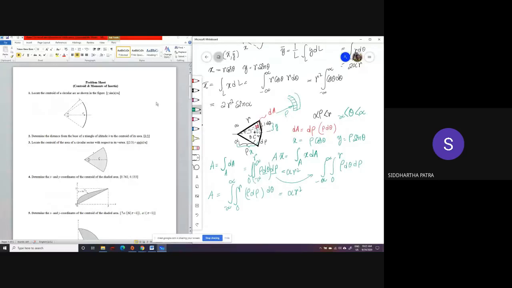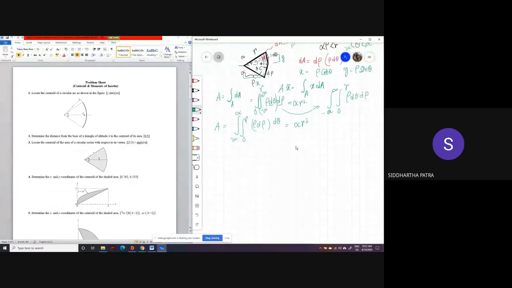Now I'll go to one more case which is not shown here, but I'll go there anyway. Imagine you are trying to find the centroid of this rectangle, and it is obvious the centroid of the rectangle lies exactly in the middle. But let's not make any assumption. Let's go by the standard way.